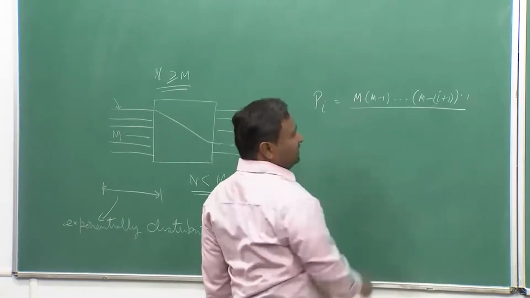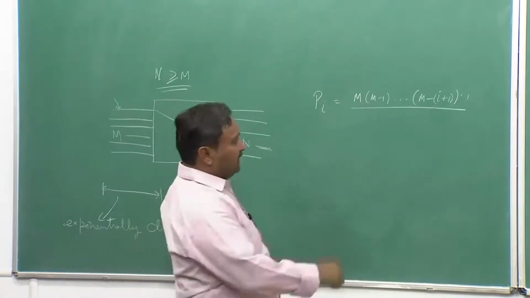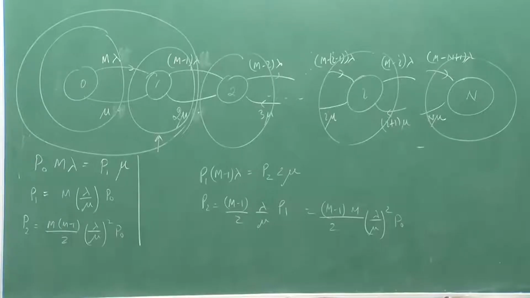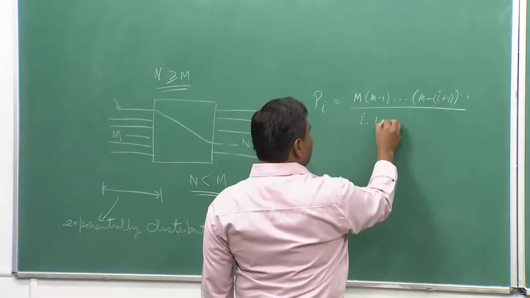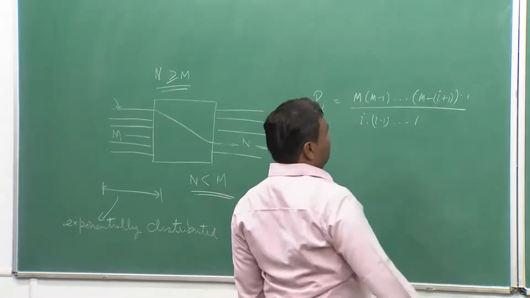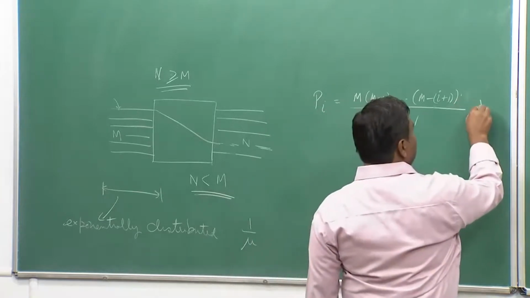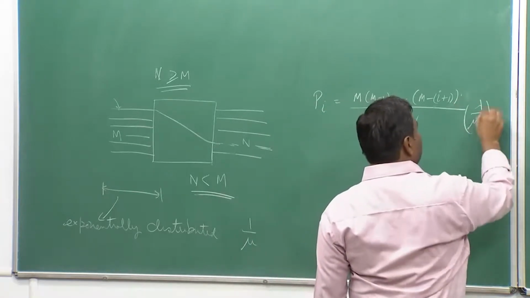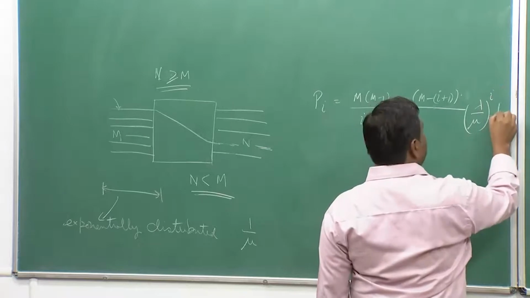Remember there in the brackets, okay, and of course I into I minus 1 into 1, and here it will be lambda by mu raised power I P0.